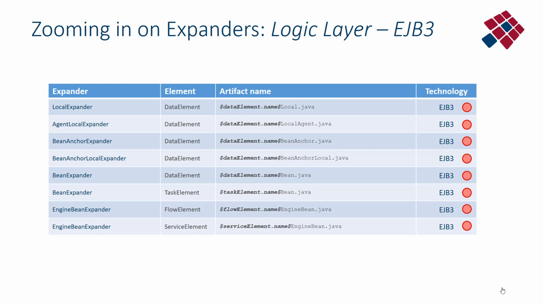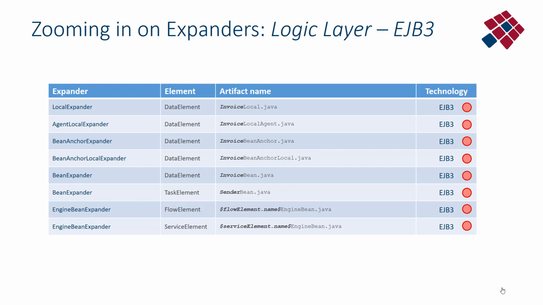So if we have, for instance, a data element called invoice, like we have in all our examples, then this data element name is actually instantiated as an invoice.